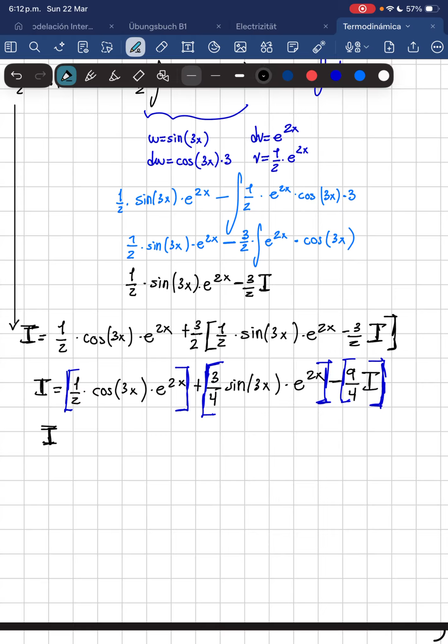The objective here is to get the variables that have I onto the other side, so we can solve for I. This term right here is negative, so we're gonna just put the opposite sign of it, and basically the other stuff just stays the same.